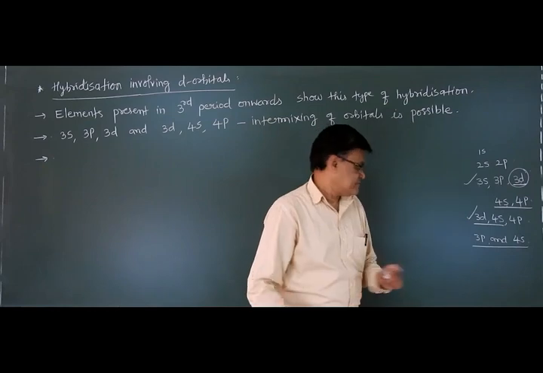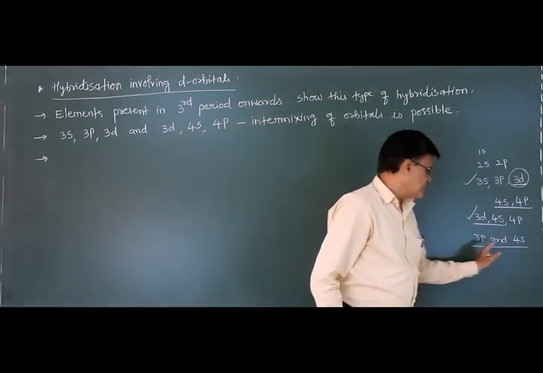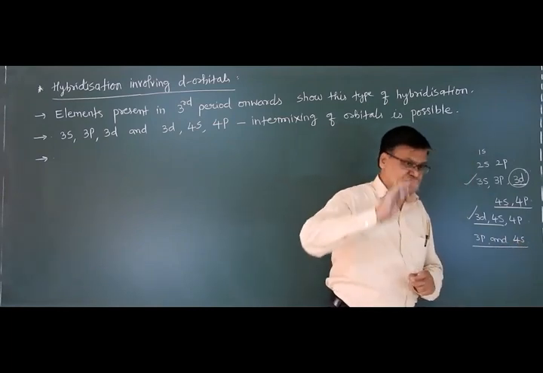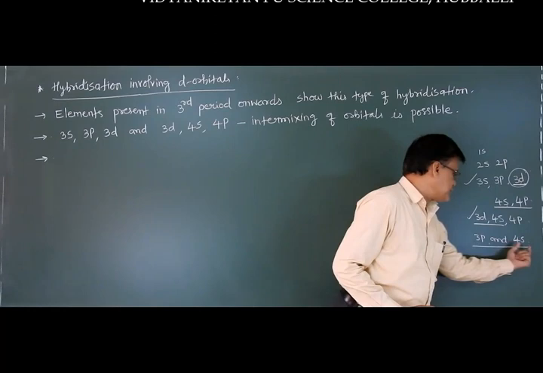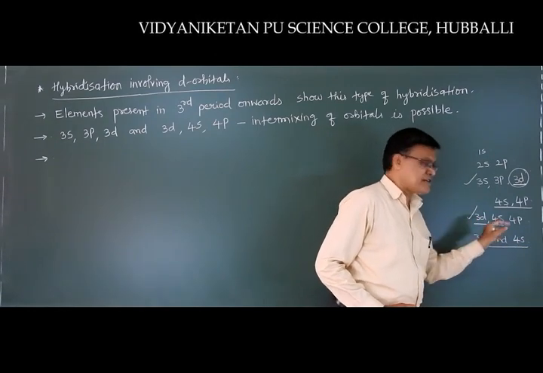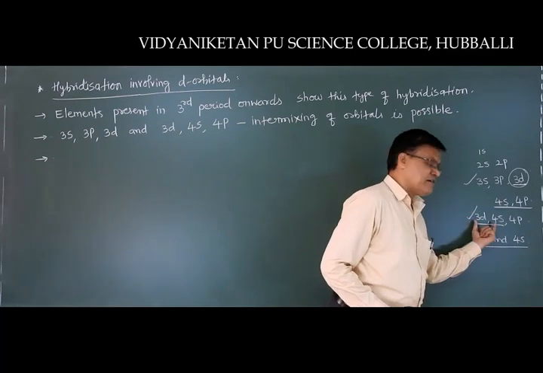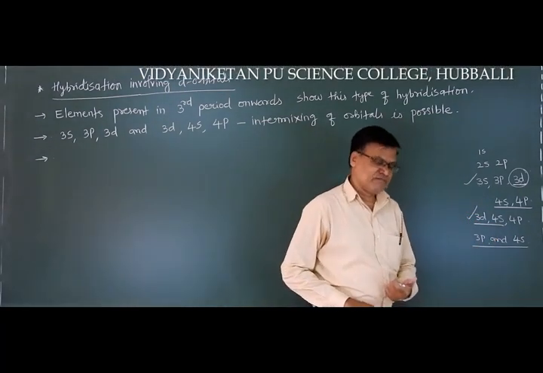Is there an energy difference or not? See here, 3p is present in the third shell, 4s is present in the fourth shell. Clear? There is a large energy difference between these two orbitals. Sir, here also it is the same, no sir? Here also third shell, this is also fourth shell. How can you say here the energy difference is less, and here the energy difference is more? Some students will think like this.